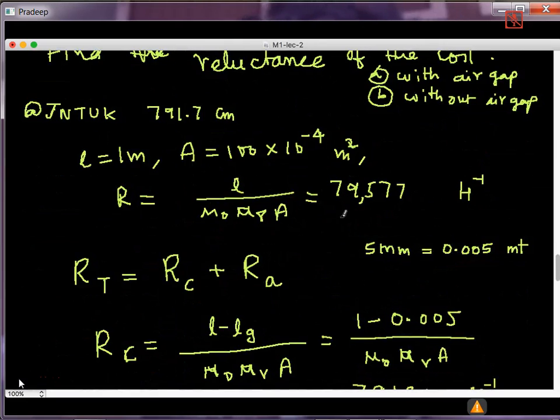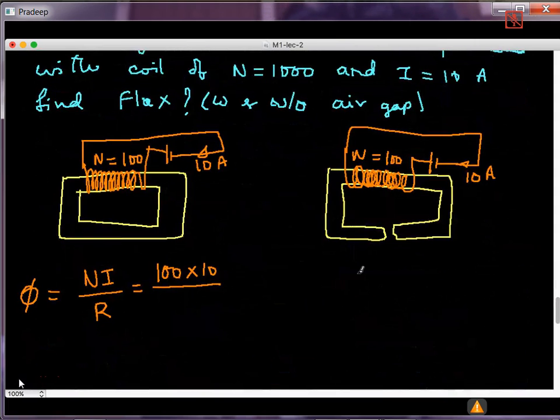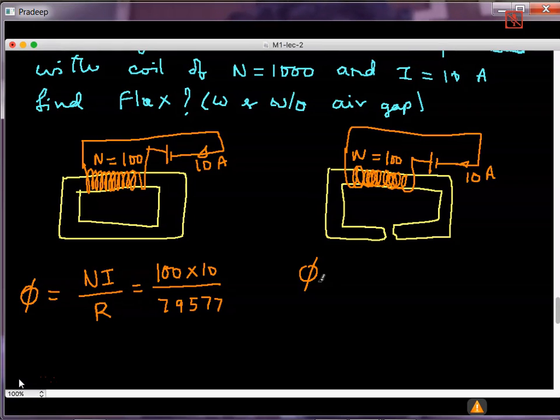This was the reluctance we calculated. So this is the case, the flux here. So what about the flux here? The same ampere turns, 100 multiplied by 10 amperes, but this time the reluctance is much higher. That is 4,77,070.